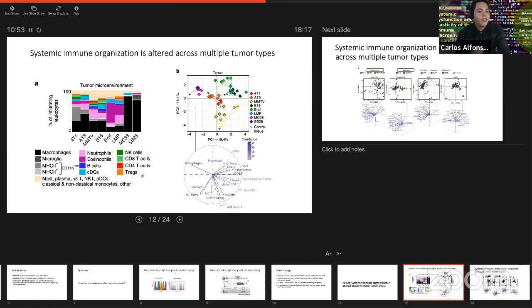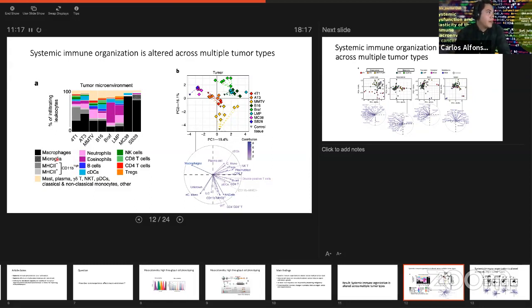Okay. So the first point of the article is basically to quantify, with much more resolution than was done before, how the different changes in the microenvironment occur in these different models. So they did experiments in different cancer models, in different types of cancer.